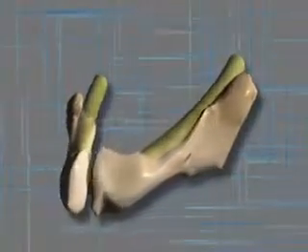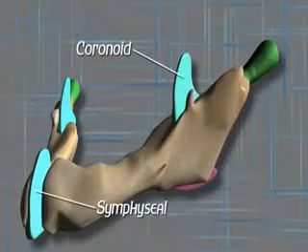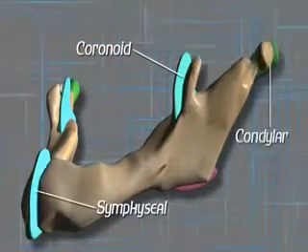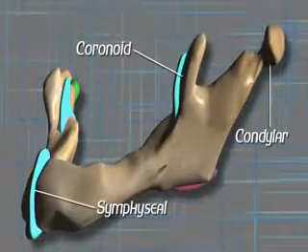Further growth of the mandible until birth is strongly influenced by the appearance of 3 secondary or growth cartilages and the development of muscular attachments.